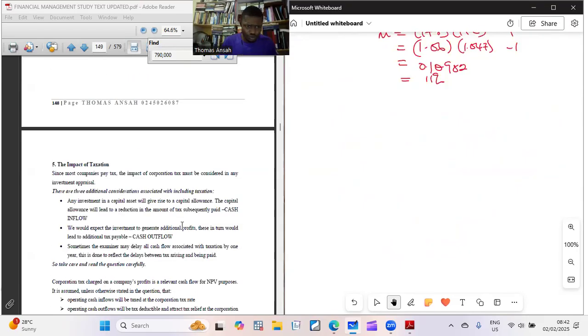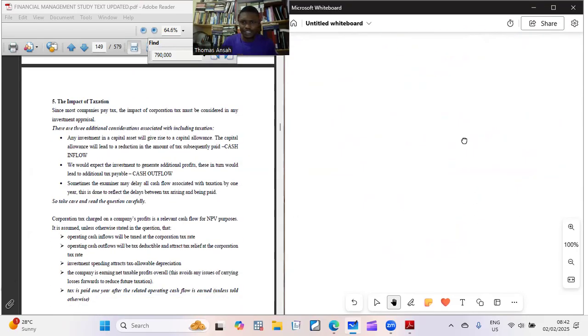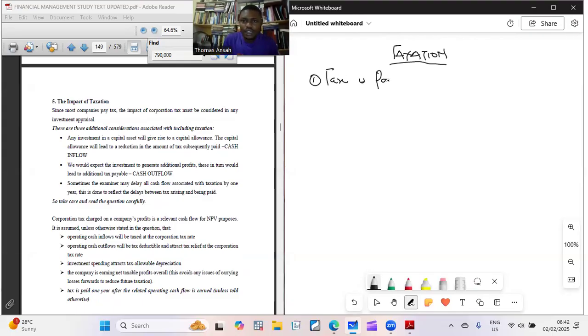So now let's talk about the impact of taxation. We are doing investment appraisal now, and we want to talk about taxation. Now, one is that tax is paid, and therefore tax is an outflow. That is one thing you need to understand.